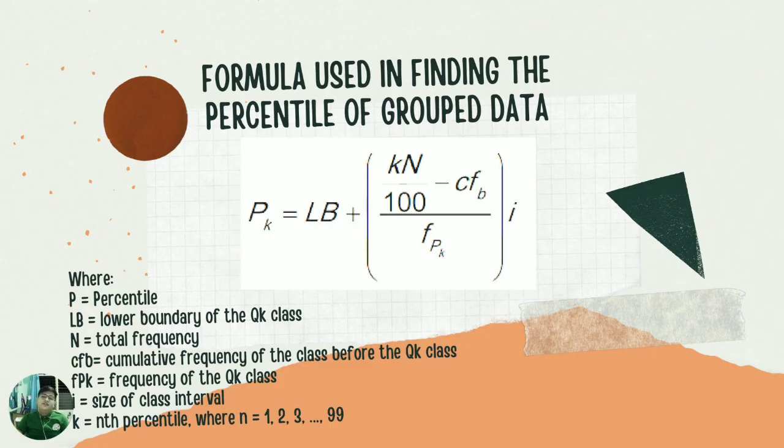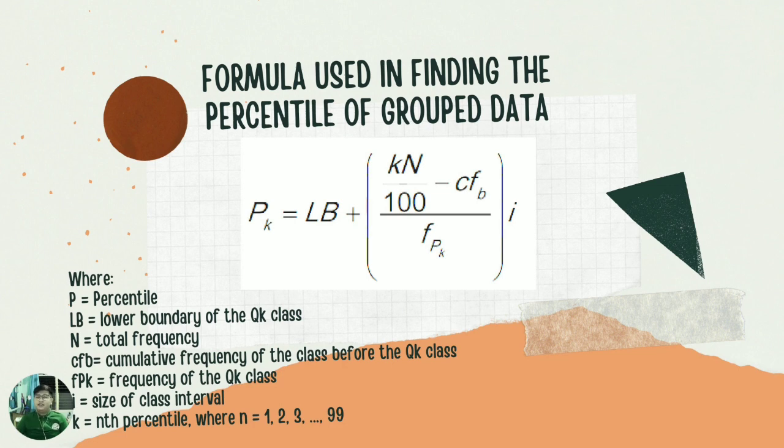So, the formula used in finding the percentile of grouped data is Pk. Depending on the given, or to where the data is to be found, Pk equals LB, which means lower boundary of the Qk class, then kn over 100, where k is given and n is the total frequency.